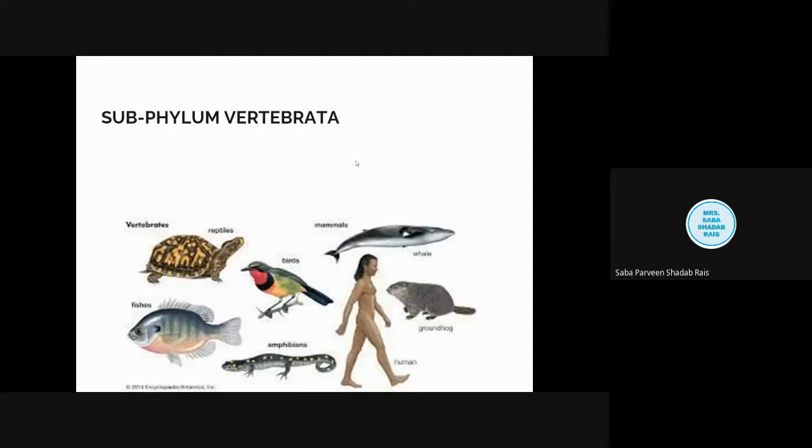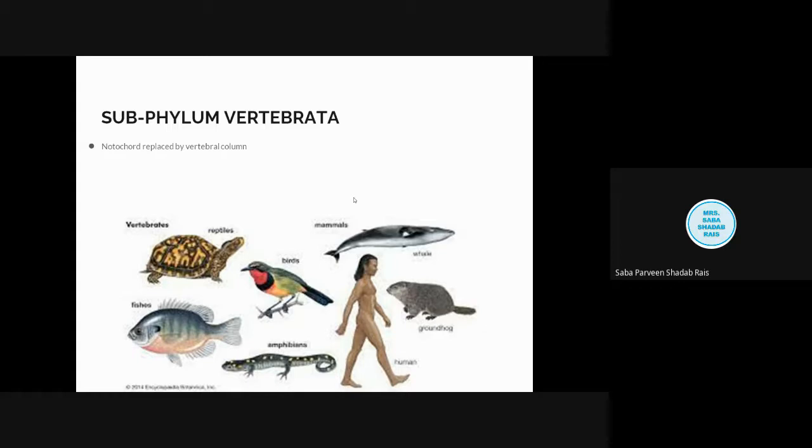Now first we will be talking about the phylum Vertebrata. They are divided into two subdivisions, Agnatha and Gnathostomata. So in this class we will be discussing just the Agnatha, the jawless. But first, we will be talking about the vertebrates. What are the vertebrates? Vertebrates have a very special advanced structure: their notochord is replaced by a vertebral column.